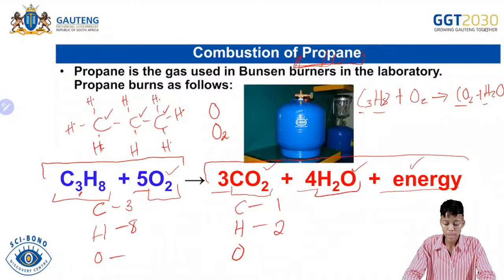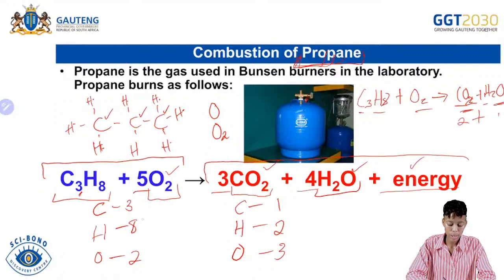Then how many oxygens did you have on the left hand side? You had 2 oxygens. How many on the right hand side? From the CO2 you have 2, and then from the water you have 1. So 2 plus 1 would therefore give you a total of 3 oxygens.